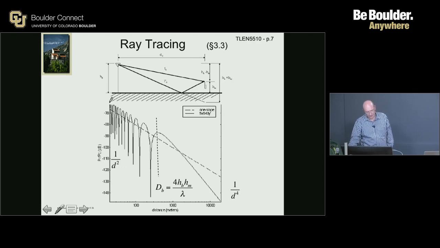But after a certain critical distance, which is given here, depends on the height of the base and the antenna and the frequency of your signal or wavelength, after that critical distance, the model is 1/d^4. That's significant. That's a much worse propagation than 1/d squared. So even though we have a lot of fade here, when we're in this zone, things are going fairly well, considering. I mean, there's lots of deep fades. Some are significant.